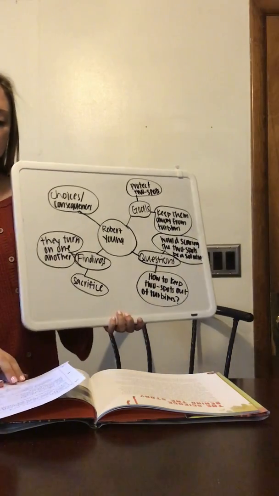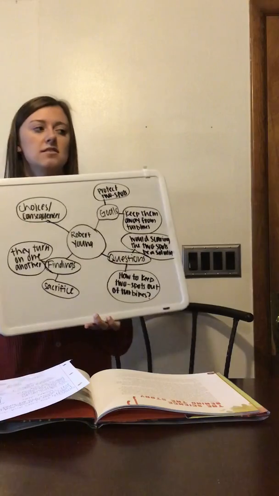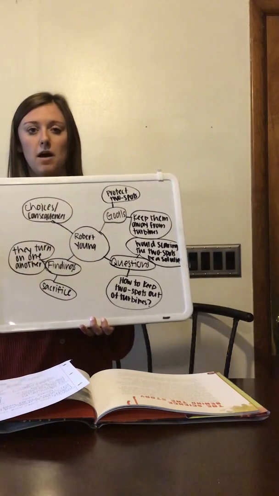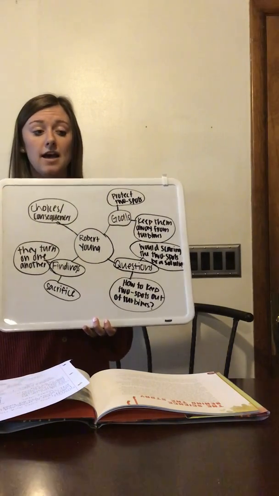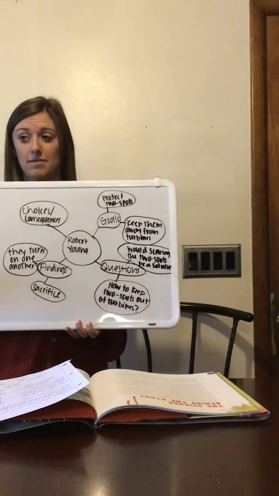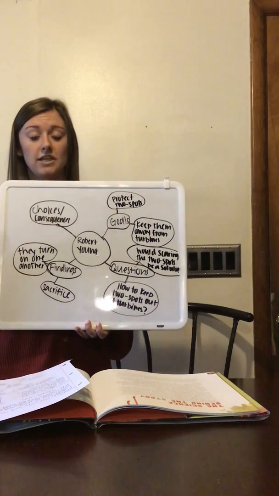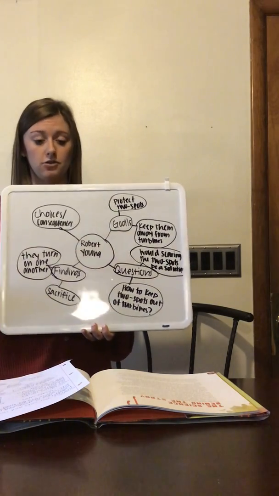Okay, so we found that Robert Young, he made the choice to study the 2 spots, and he found that they sacrificed themselves. He learned more by examining them. Okay, so that was the consequence of his choice of actually experimenting and digging in and researching on these.